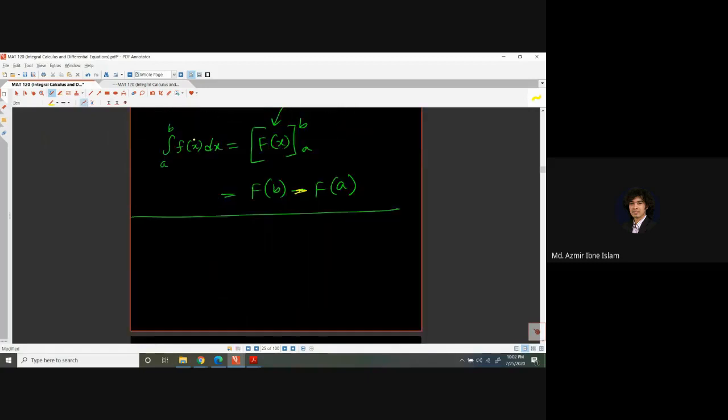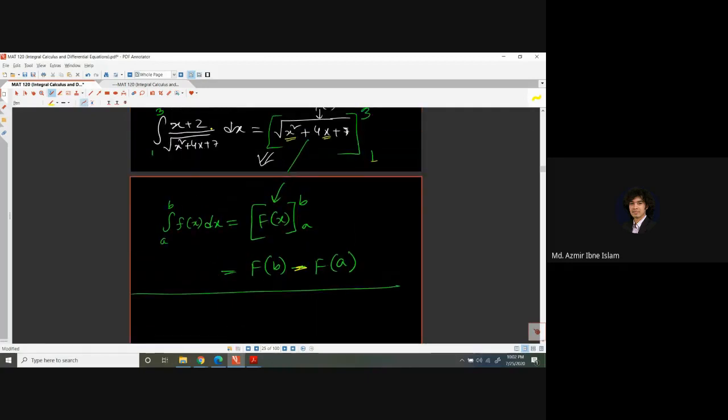Let me write again. So we are getting the square root of 3 squared. Here we have x squared, so 3 squared, upper limit 3. So 3 squared plus 4 times 3 plus 7. And there is a negative square root of, again in this place we can input 1. So 1 squared plus 4 times 1 plus 7.